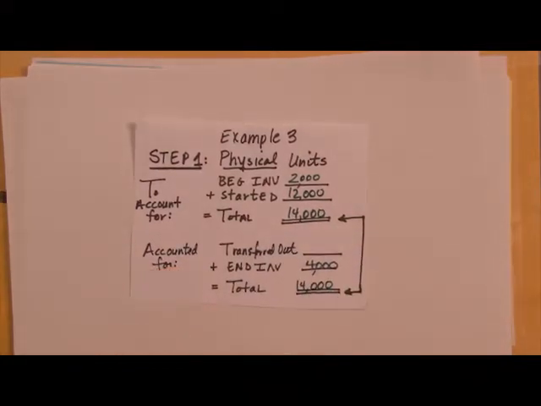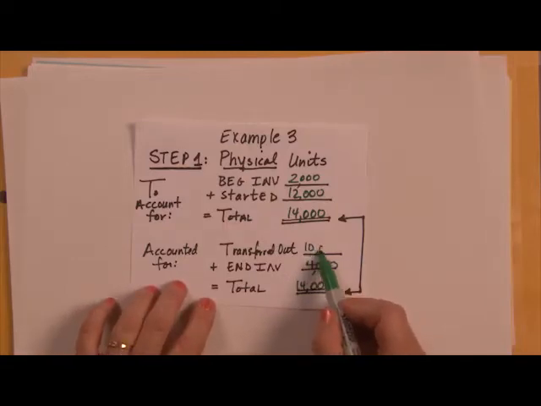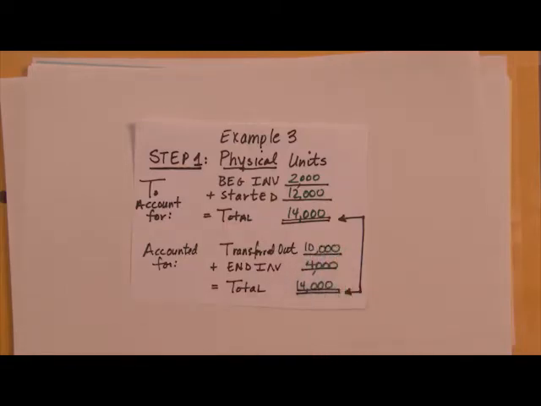And because we know that this equality must exist between the totals, we can easily find that we transferred out 10,000 units. Now, always keep in mind, when you're transferring out, the reason you're transferring out is because the units are complete in terms of this particular process.